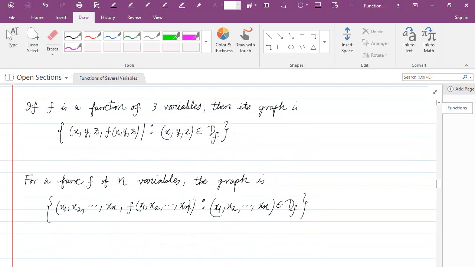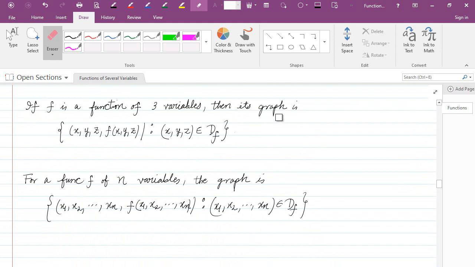If I have a function of 3 variables, then its graph would be the collection of all quadruples (x, y, z, f(x,y,z)), where (x,y,z) belongs to the domain of the function.